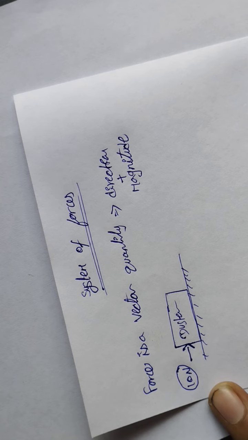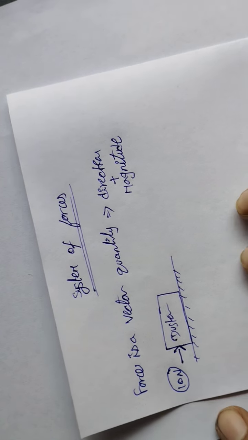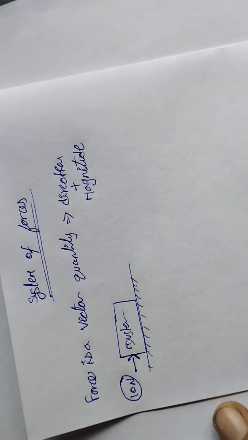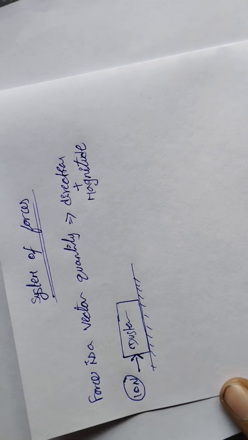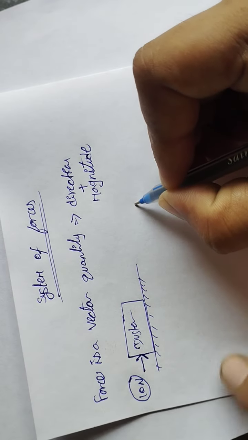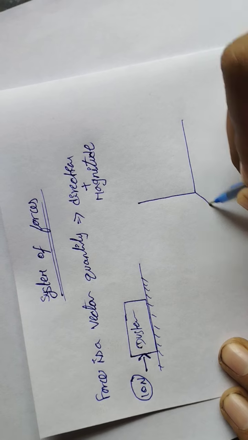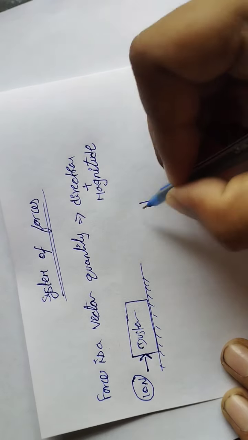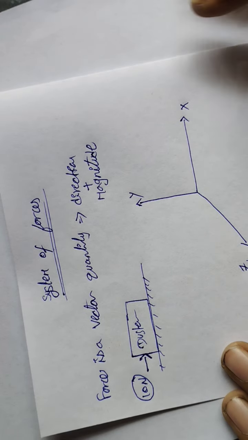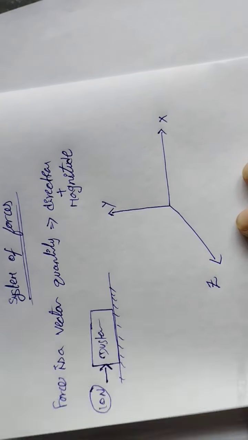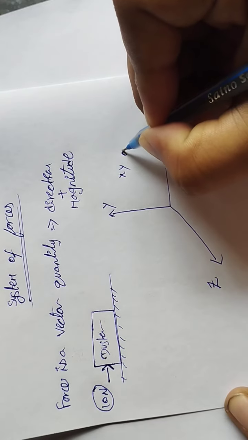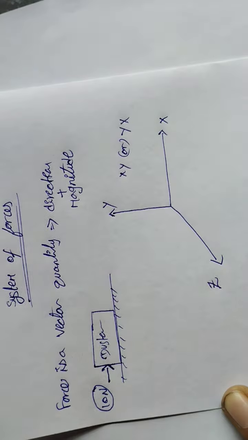Next, this system of forces requires one more small concept, that is plane. What is a plane? To be very simple, this is called the x-axis, this is the y-axis, and this is the z-axis. This could be called the xy plane or yx plane.